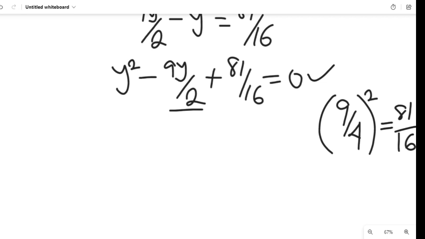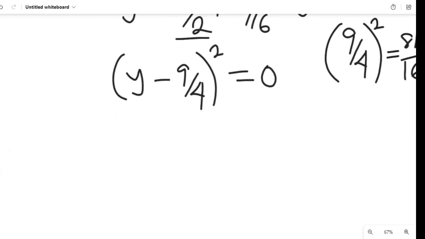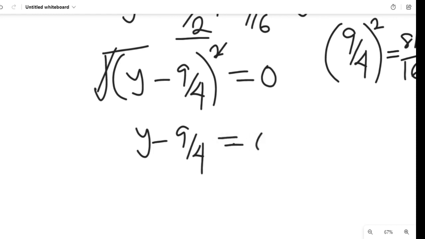So we simply say y minus 9 divided by 4, squared, is equal to 0. If we take the square root of both sides, we have y minus 9 divided by 4 equal to 0.